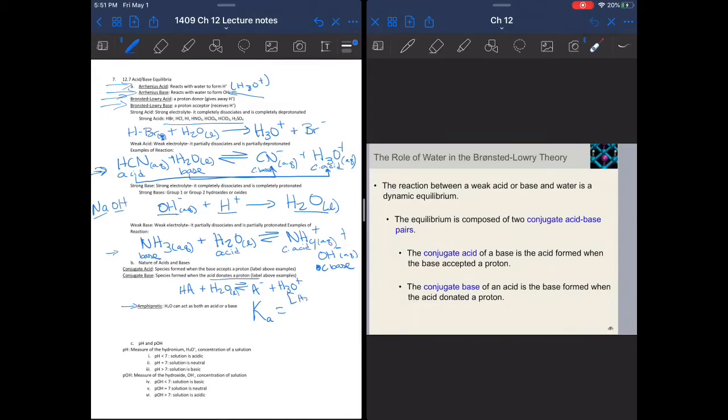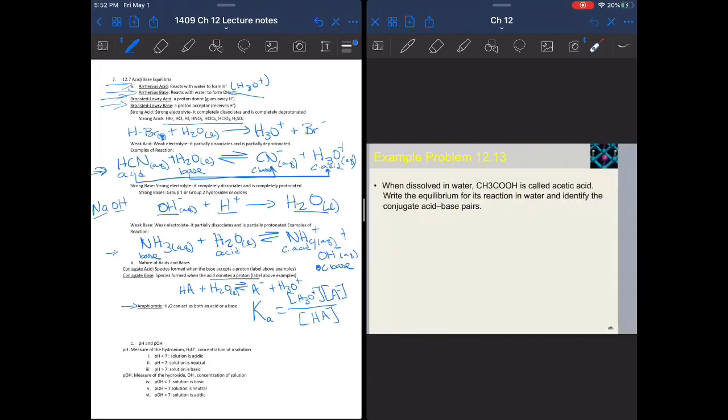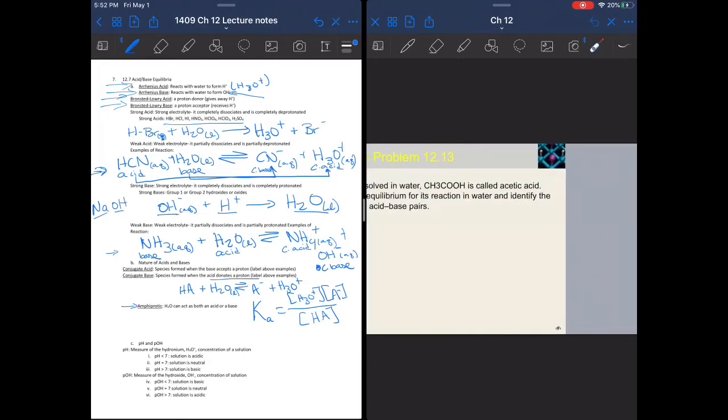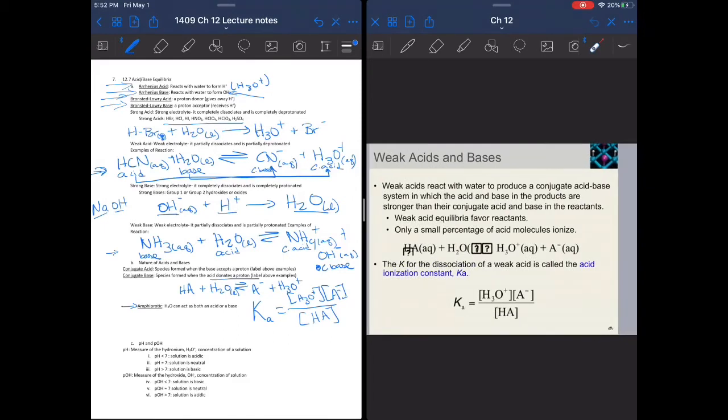We can do H3O+ times A-, all divided by HA. It's conjugate acid-base practice. We actually will come back to an acetic acid problem in a little bit. All right, but there it is, Ka.